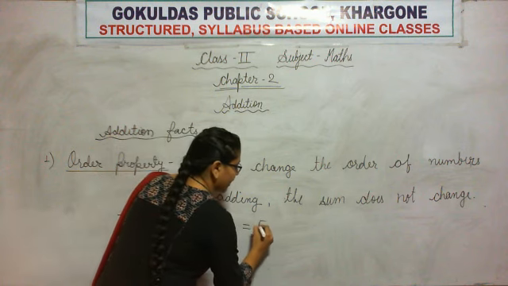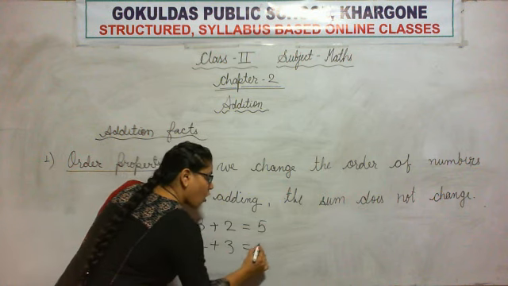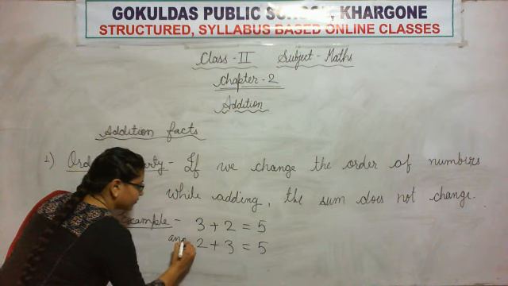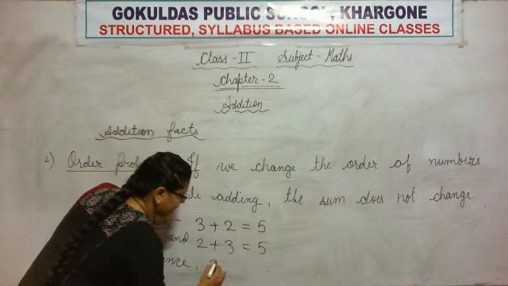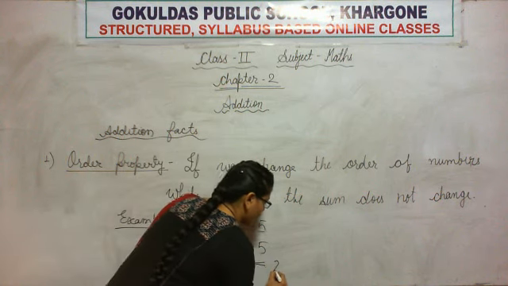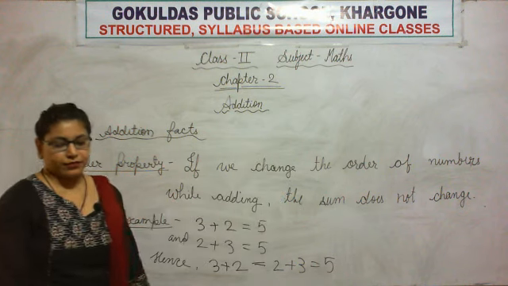So, 3 plus 2 is 5 and 2 plus 3 is also 5. Hence we can say that 3 plus 2 is equal to 2 plus 3 is equal to 5.